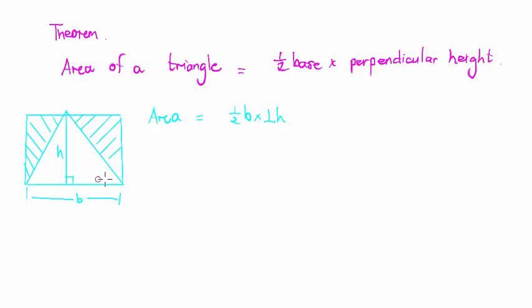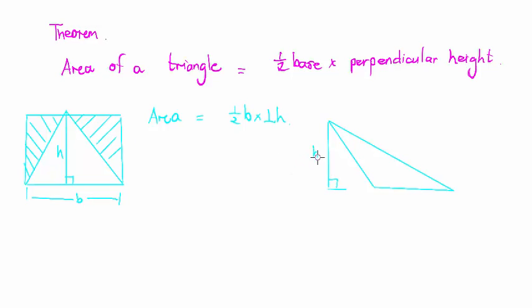Okay, now another type of triangle looks like this. Here's my base. Now look at my apex. My apex, if I drop a perpendicular, it doesn't fall on top of my base, do you see? But it doesn't mean it's not still the height. It still applies exactly the same.